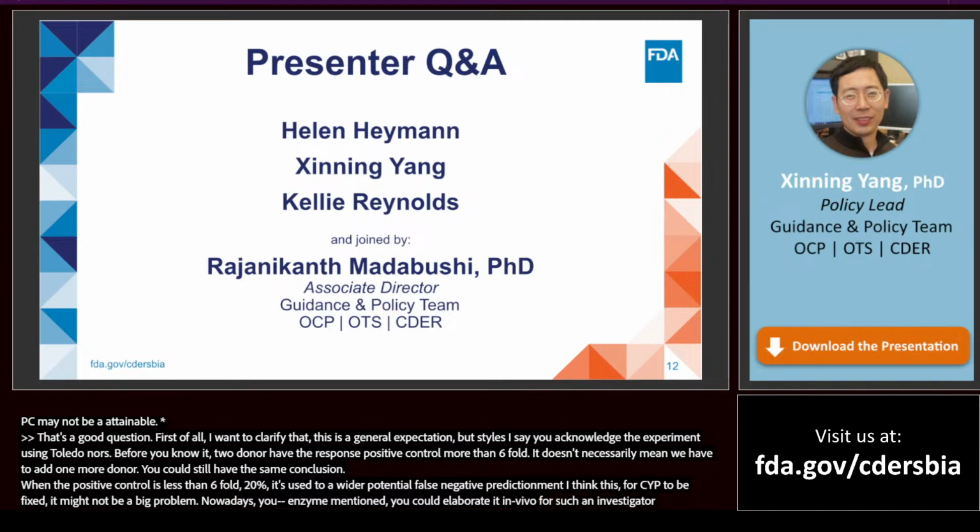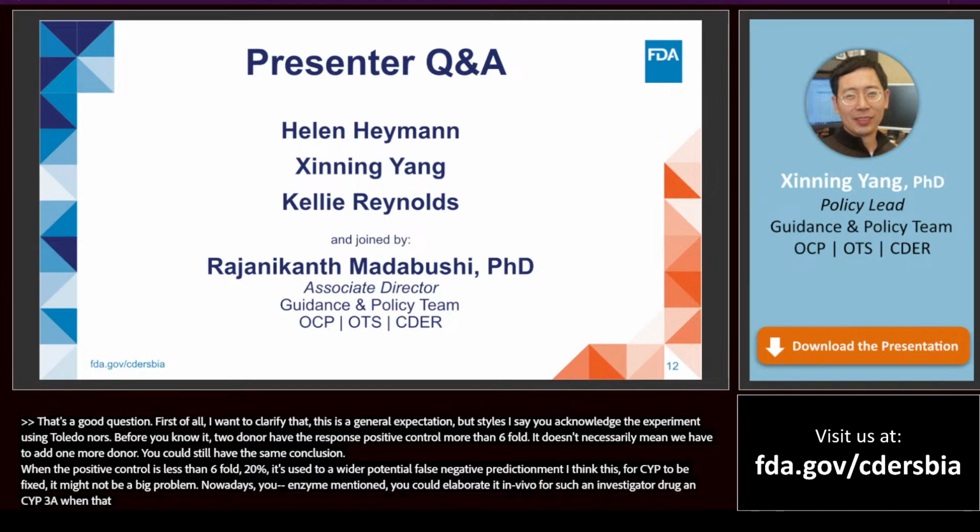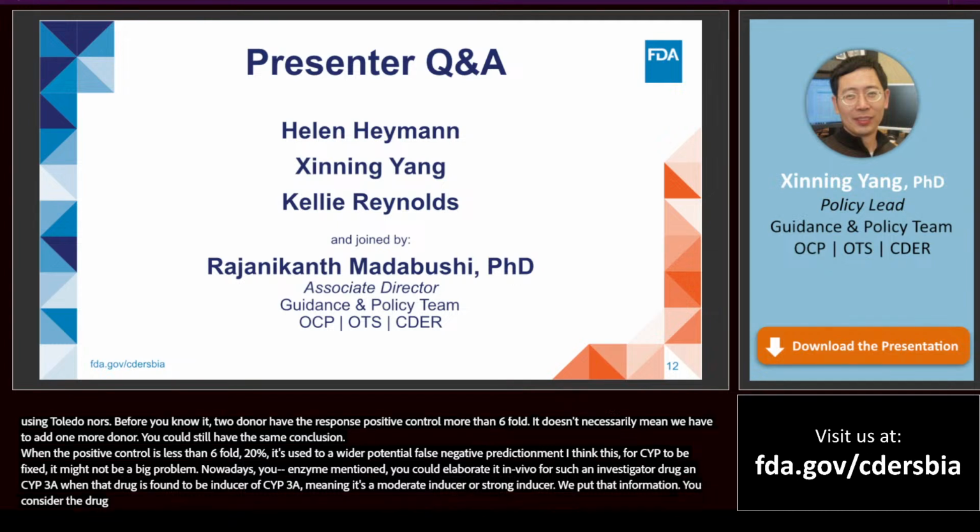When the drug is found to be a potent inducer of CYP3A, meaning that it is a moderate inducer or strong inducer, we could leverage that information, using a similar framework as very nicely presented by Dr. Reynolds in her presentation about how to evaluate and consider the drug as a PGP inducer or UGT inducer.